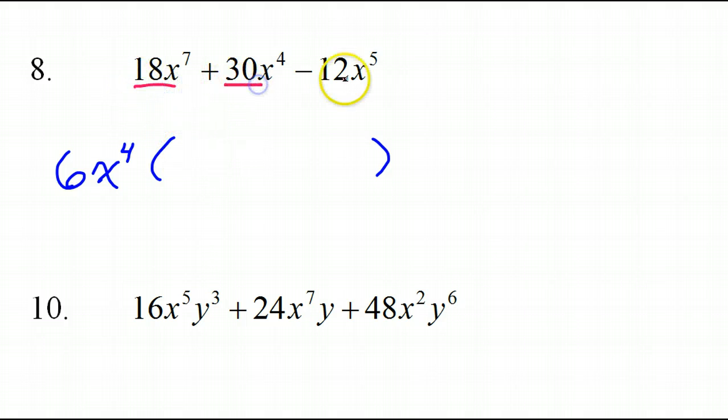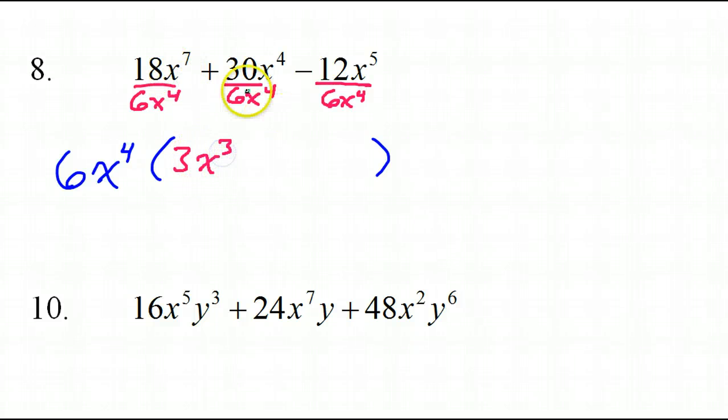Now, divide. So I'm gonna do 6x to the 4th power. Division everywhere. Okay, so 18 divided by 6 is 3. These 4 x's will cancel out 4 of these x's, leaving 3 behind. 6 goes into 30 5 times.